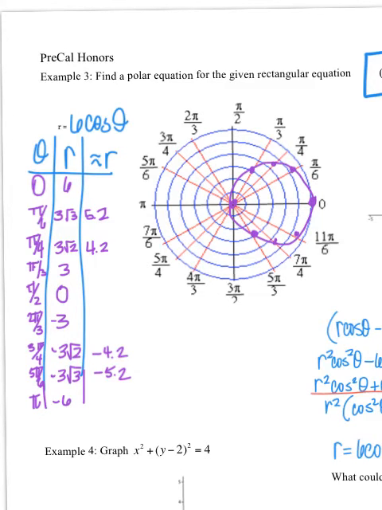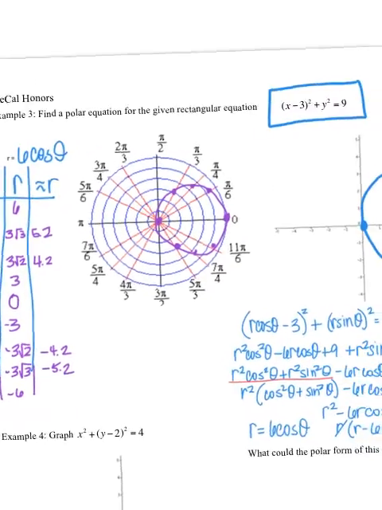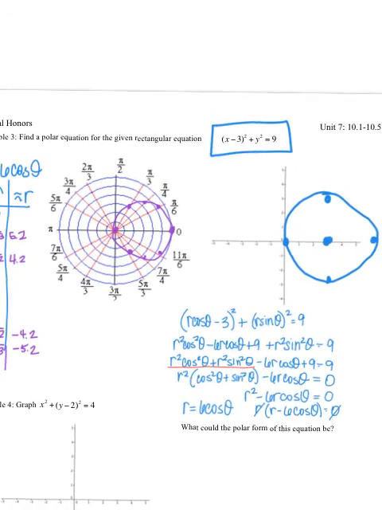So if I were to lay the circle graphed on the rectangular plane over the circle graphed on the polar plane, I would get the exact same image. So that's important to know, that whether you're graphing something in polar form or rectangular form, your image is still going to be the same.